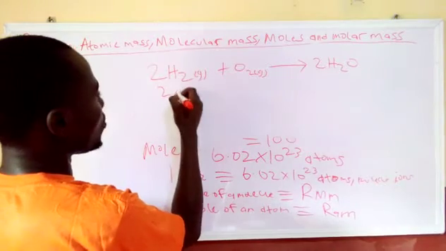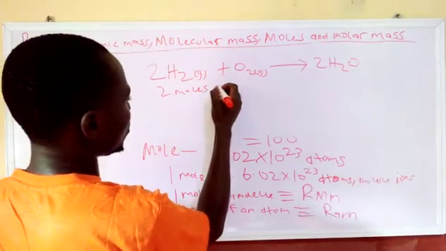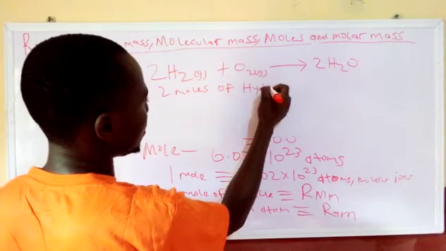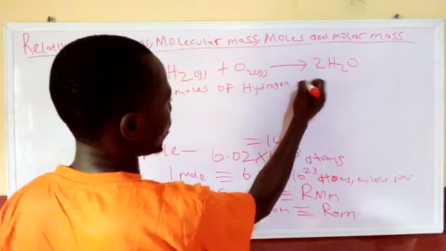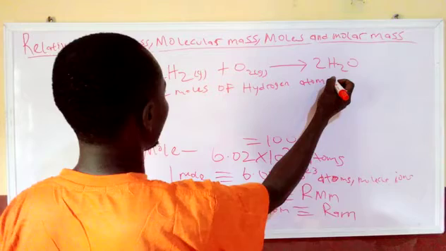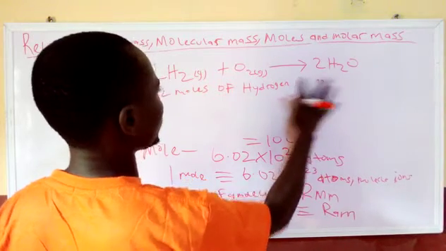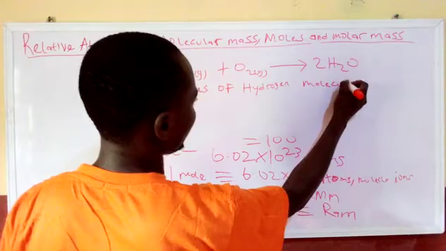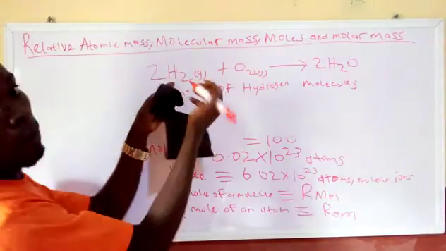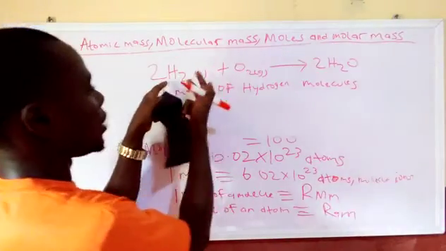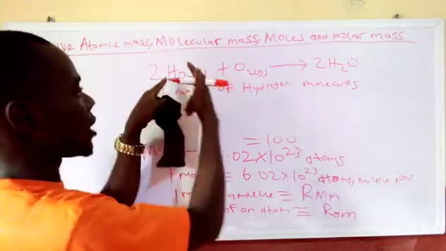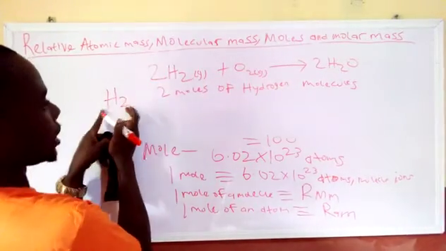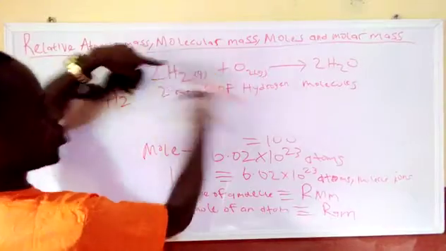These are 2 moles of hydrogen molecules. I think you will agree with me. For molecules to be formed, don't forget that we need to have 2 or more atoms. Instead of having H alone, we're now having H2. So this is a molecule. These are 2 moles of hydrogen molecules.